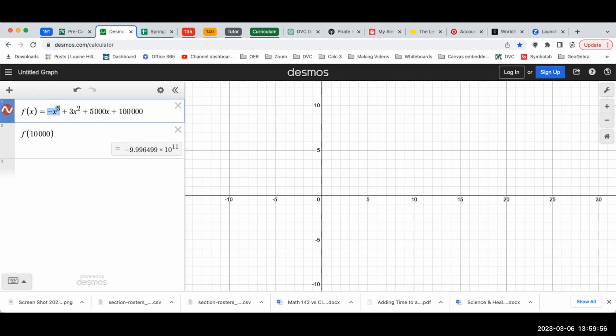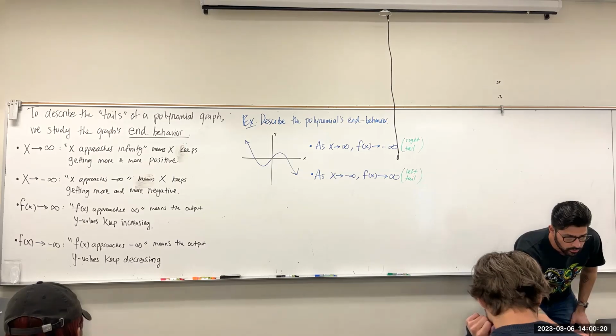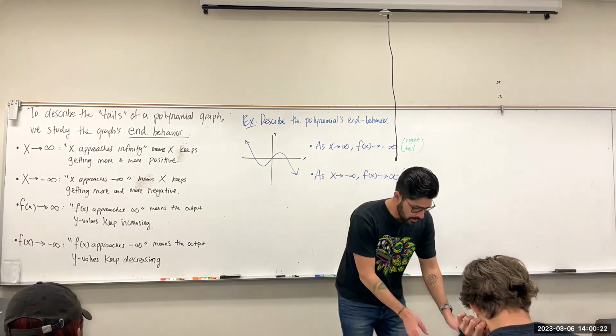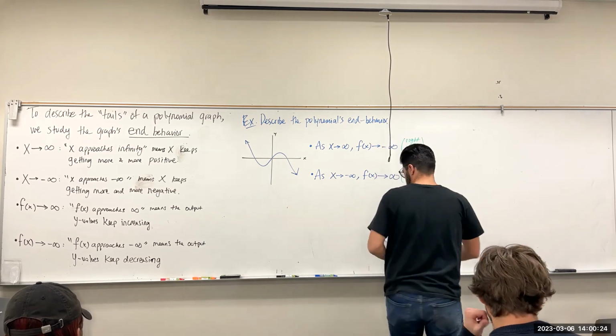Okay. If you look at the back of your sheet, it turns out you can know the polynomial's behavior without looking at the graph by just focusing on the leading term. Let me write that part out. That leading term has the highest exponent, which controls how the y values are going to be increasing or decreasing.